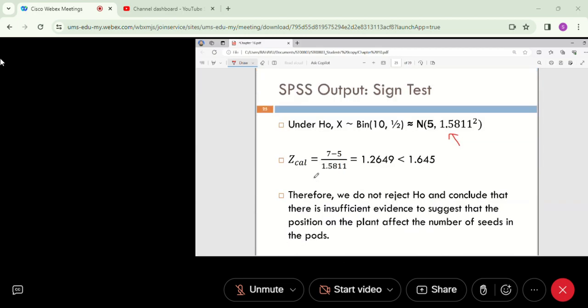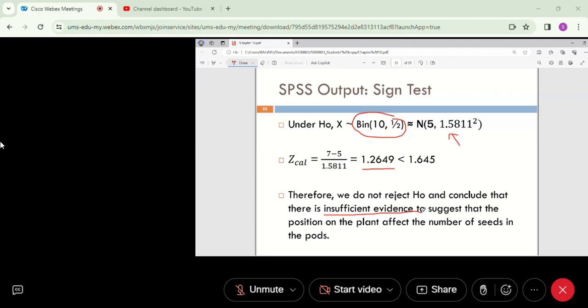So it's the other way around. Using the output from the sign test, we have the Z critical value 1.2649 from the binomial probability distribution. So it is less than 1.645. Therefore, we do not reject the null hypothesis and conclude that there is insufficient evidence to suggest that the position on the plant affects the number of seeds in the pot.